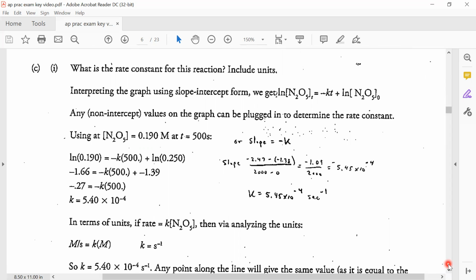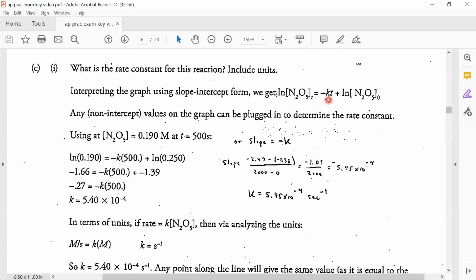So now we're asked to find the rate constant for this, and you can get this from your key, the natural log equals negative kt of this. I think on your equation guide it will probably say this minus this thing here will equal negative kt, but I like to put it in line equation form, y equals mx plus b.